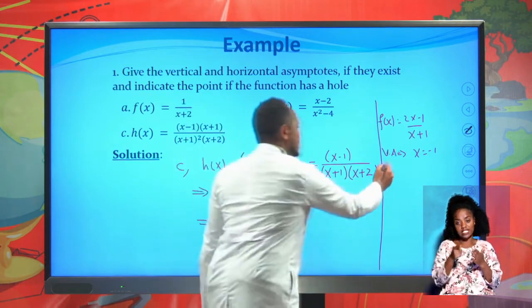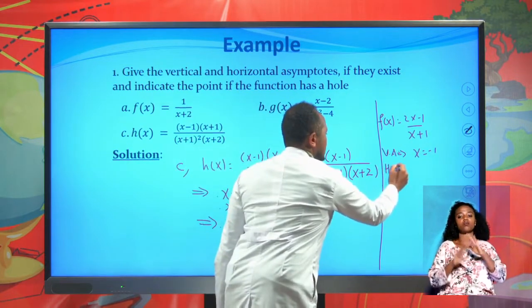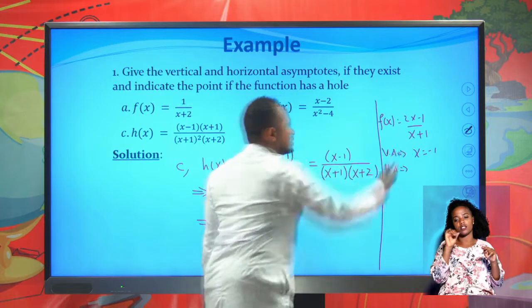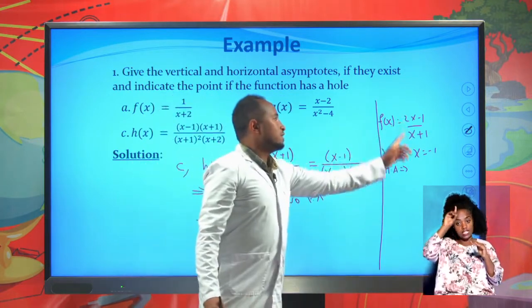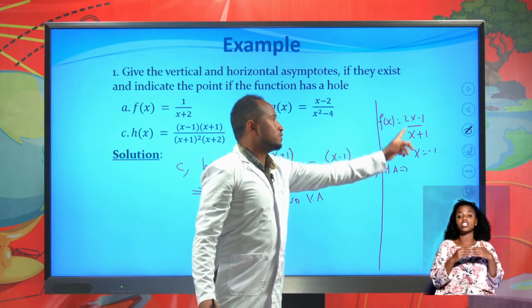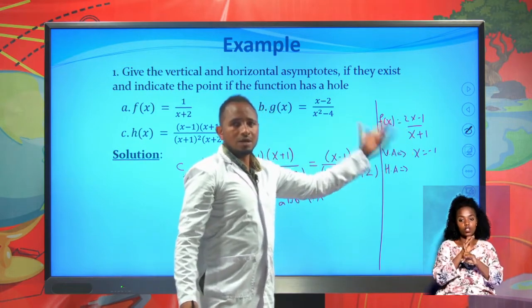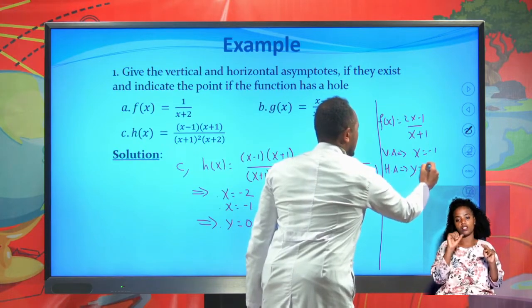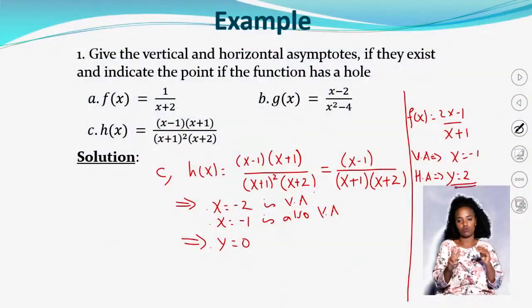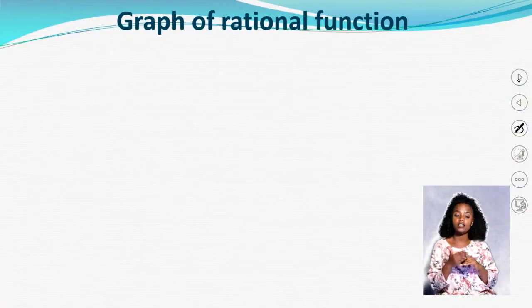In addition, it has a horizontal asymptote because the numerator and denominator have the same degree. So you take the ratio of the leading coefficients. Here it is 2, here it's 1, 2 over 1. In that case, the horizontal asymptote will be y equals 2. This is it. Now, next, let's proceed.